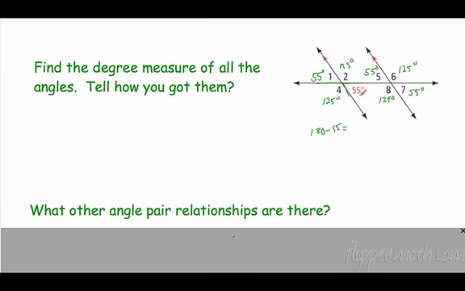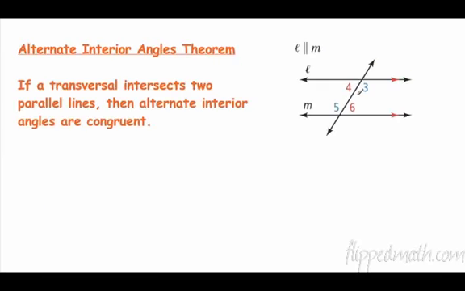Well, what other angles do we have? We know we have same side interior, so 55 and 125, that's 180. That's interesting. 180 is an interesting number, right? We also have alternate interior. They look very much like they're going to be the same. We have alternate exterior. They look like they could be the same. So we have a lot of things going on here. So let's talk about them.